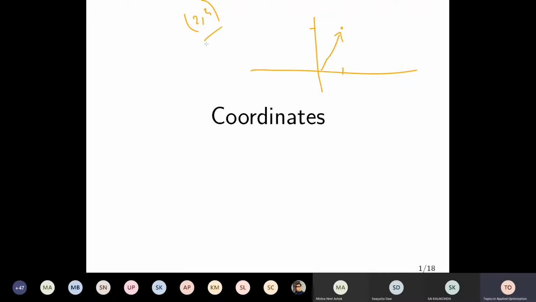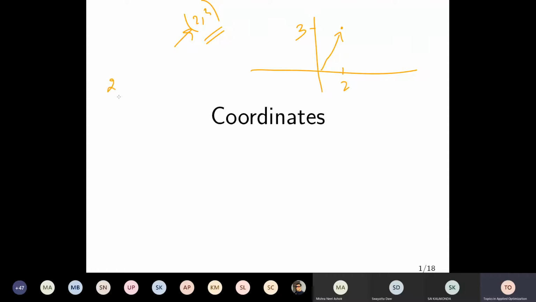So there are two interpretations of the point. The way we see vectors is with respect to coordinates, so this is like a coordinate with respect to some basis.